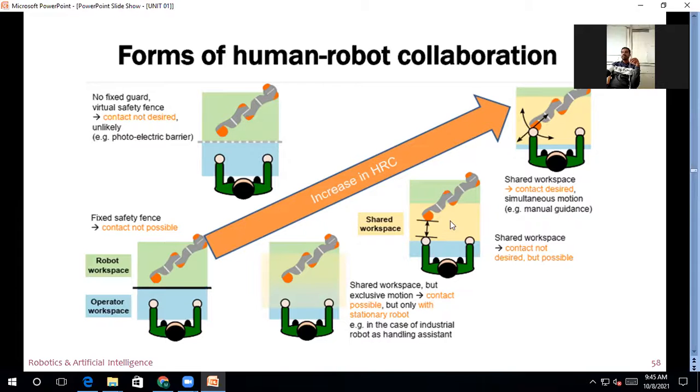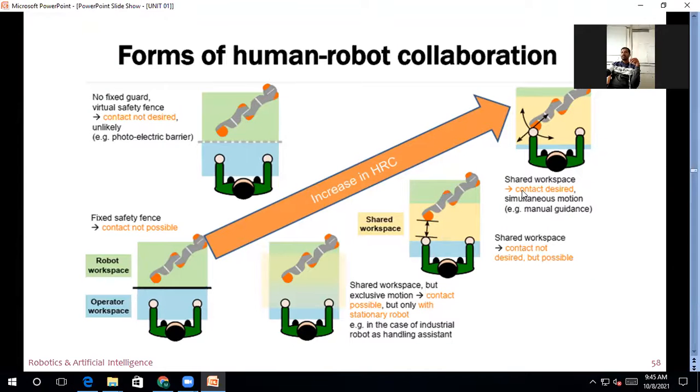Next, in this picture you can understand again the robot and human, and the yellow portion represents the shared workspace. In this area the human can contact the robot, but contact is not desired though possible.